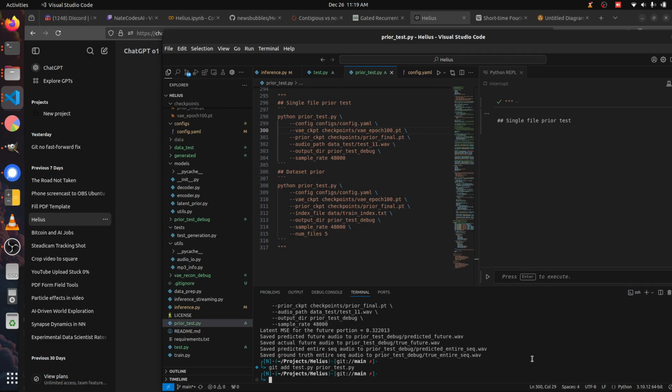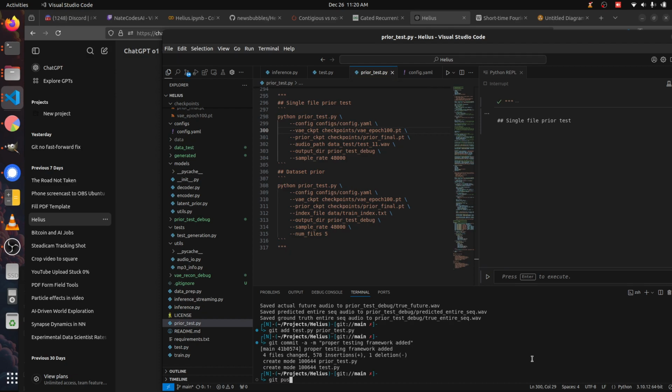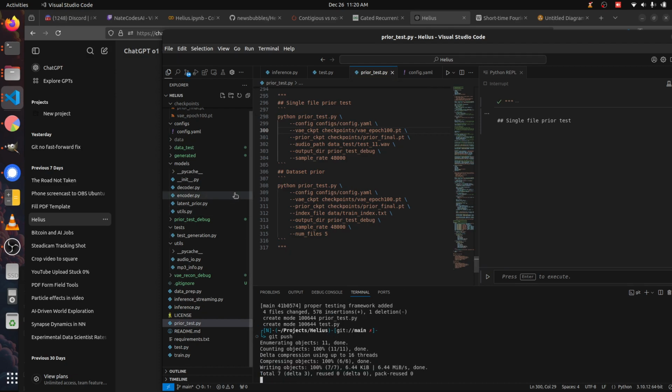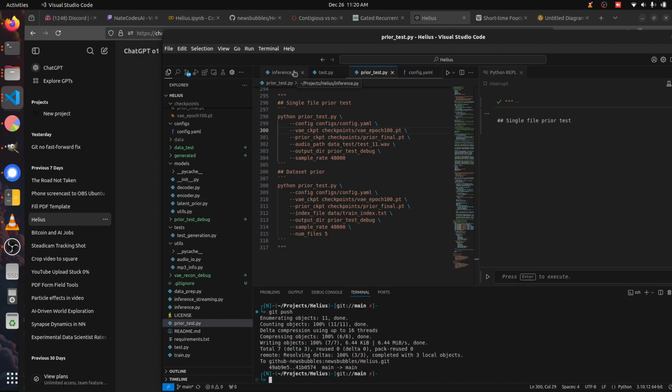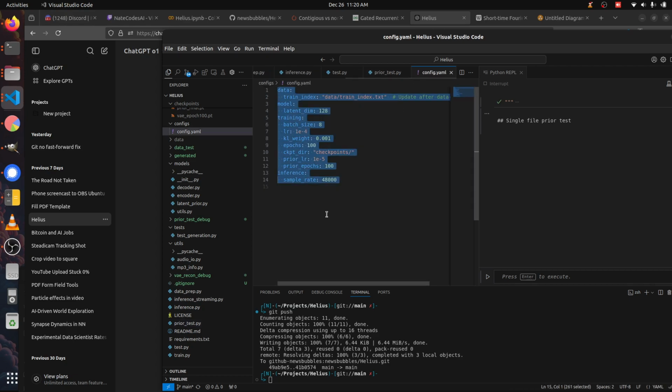Proper testing system. So now then, we're going to change this latent dimensions to 512.